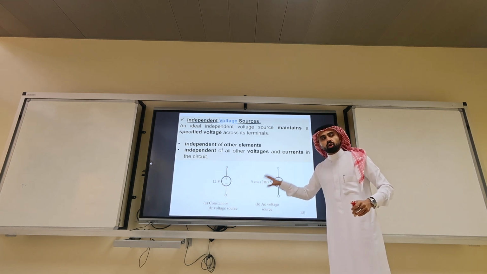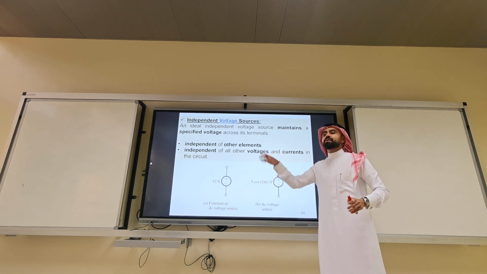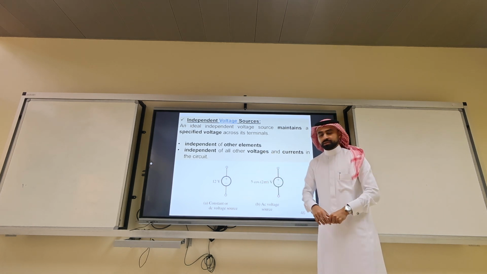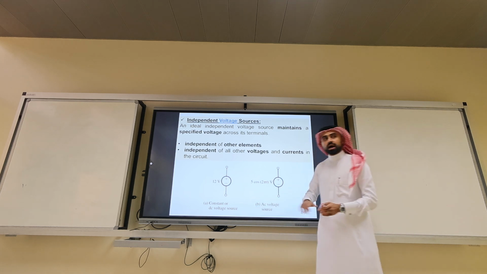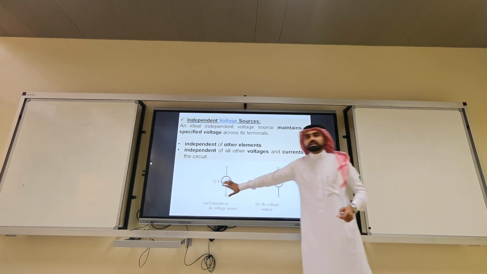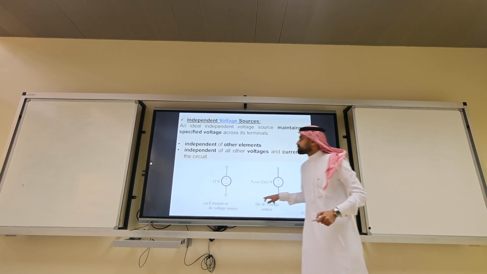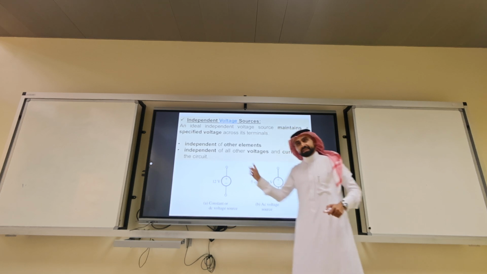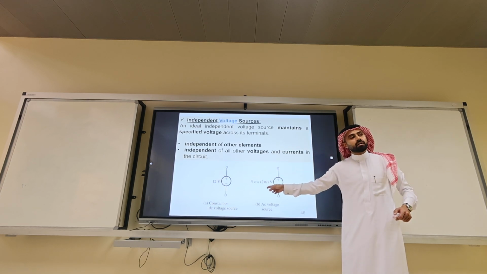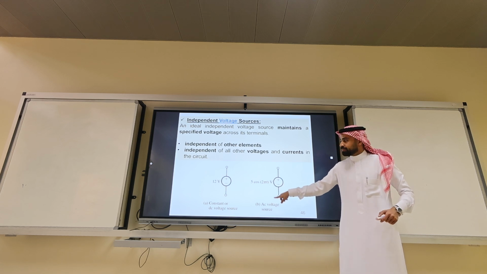But we still call it an independent. It means independent from the other circuit elements. So we have AC voltage source, DC. For now we're not discussing AC, for now we discuss DC. Okay? So independent of other elements. It still can depend on time by definition, if it's an AC. Okay?